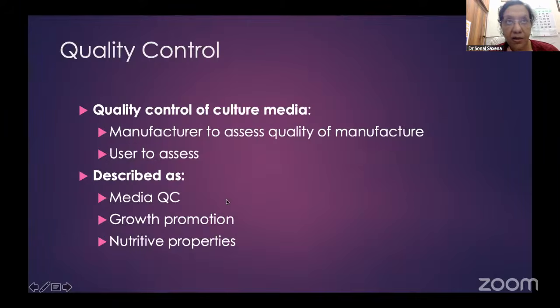Now, how do I make sure that the quality of my media is good? You know what happens at home when mom or a maid cooks food? We all say this has got more salt, this has got less salt, this has got more oil. Your parathas are so laden with butter and ghee. So what are we comparing it with?